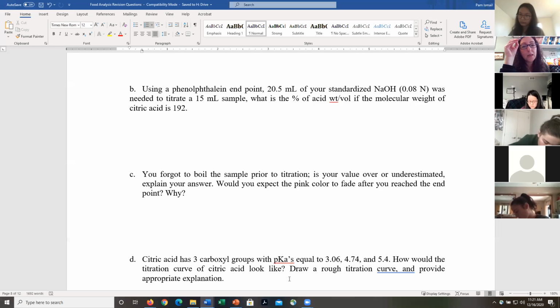When it reaches the first pKa, you draw a straight line, and then it goes up again, and then another straight line around the second pKa, goes up, and it's kind of like a ladder. So make sure you have 3 plateauing areas around the pKa. That's where you have maximum buffering capacity. And then once you reach equilibrium, the pH spikes up, and that's your titration curve. And it would be around pH 8.2, where you extrapolate the milliliters of NaOH used to reach that pH.